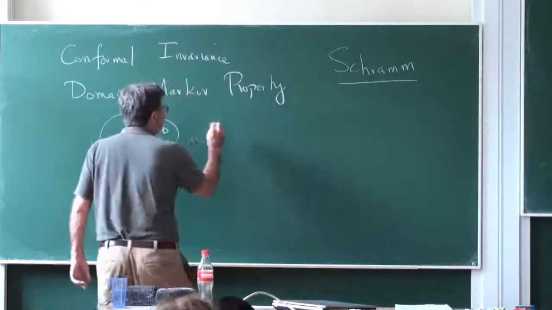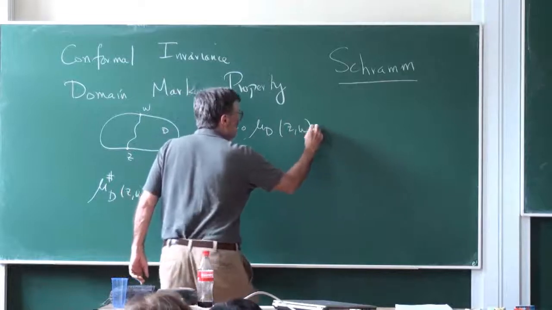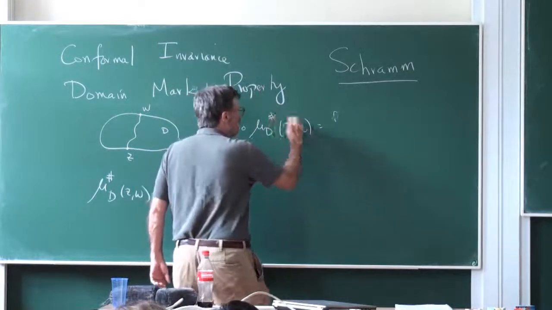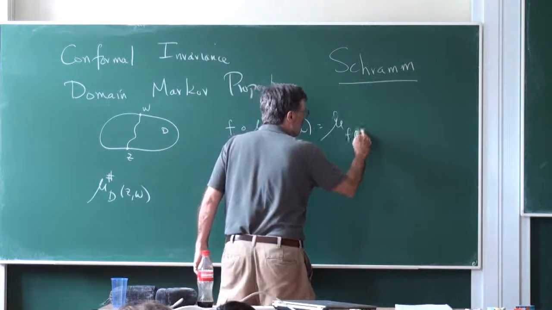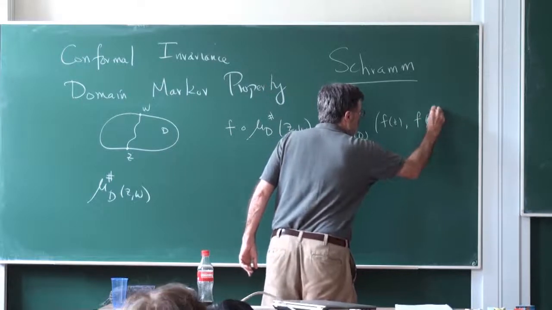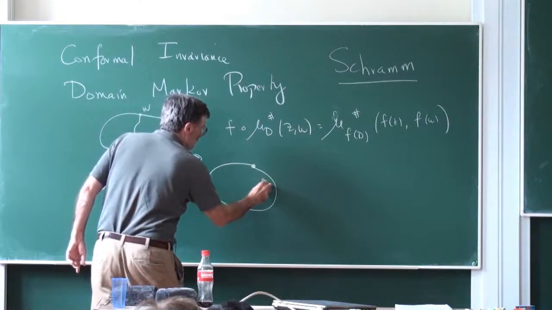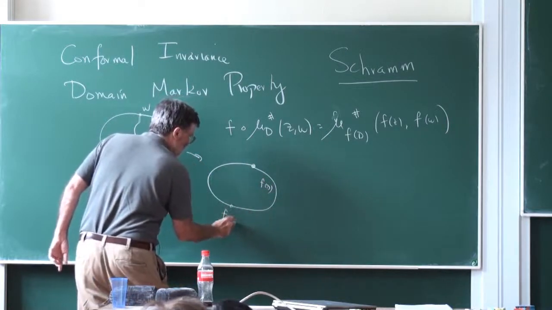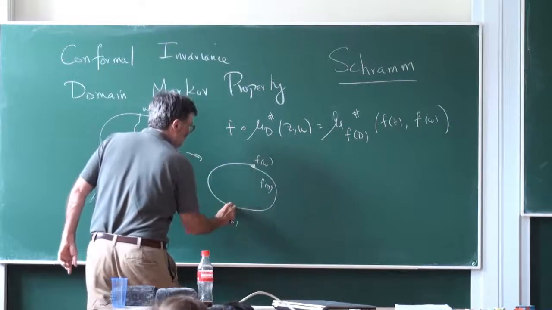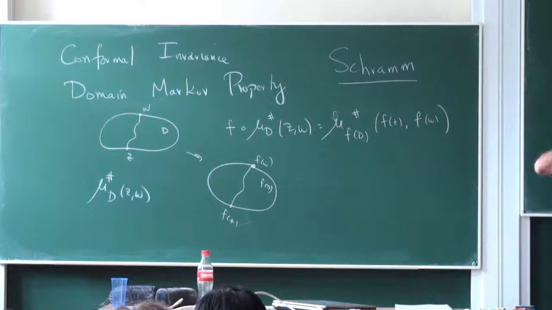Conformal invariance means that if I map by a conformal transformation, I get this. Now I'm talking about curves. When I talk about a curve, it's a continuous image of, say, [0,1] or [0,a] for some a.